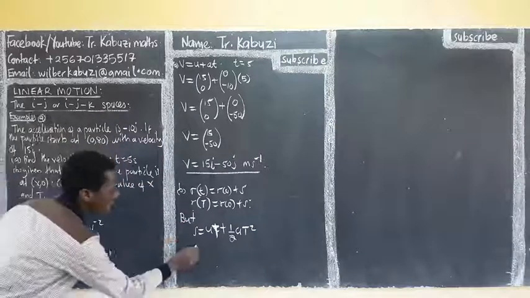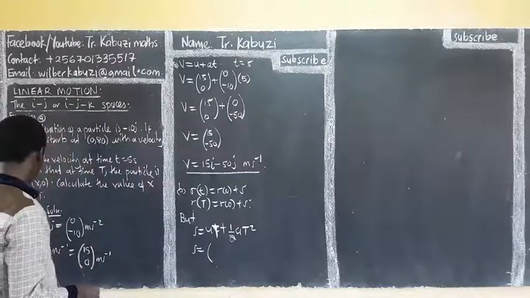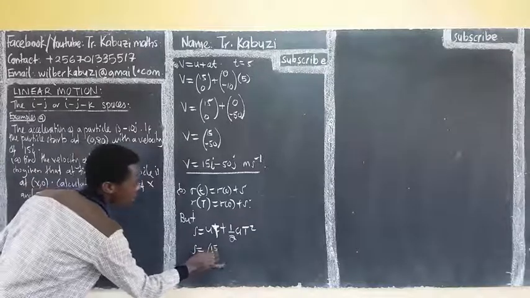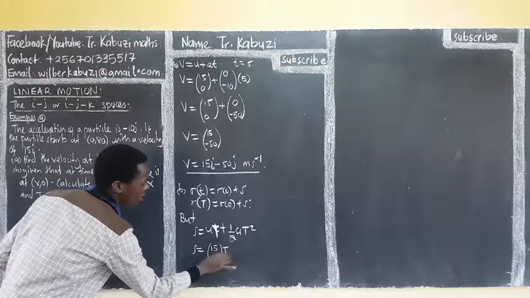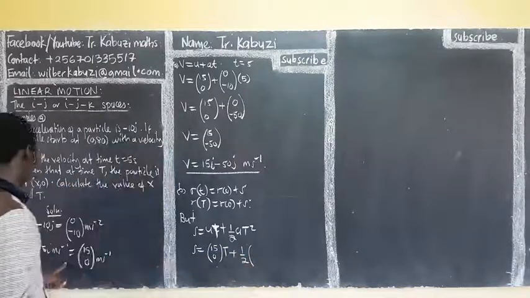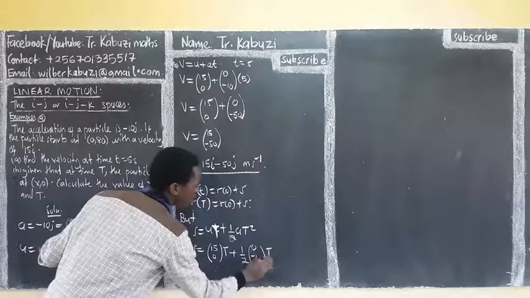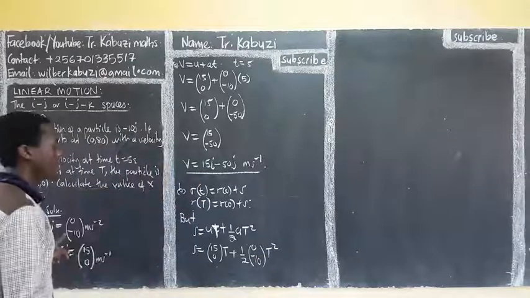So my S there is going to be my U. What was my U? My U here was 15, 0 into T, plus half my acceleration, 0, negative 10, into T squared, which I'm looking for.